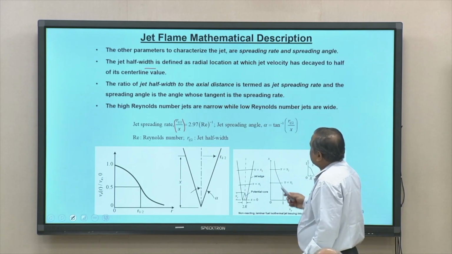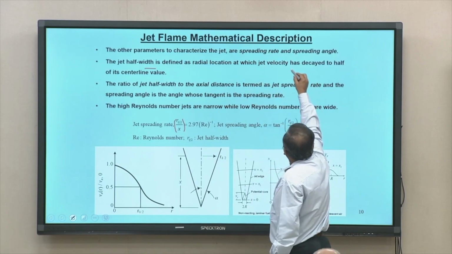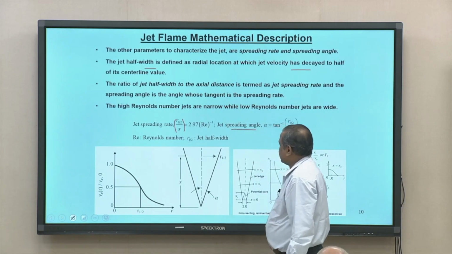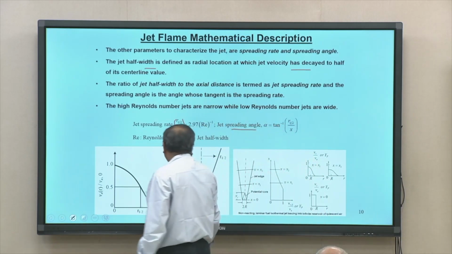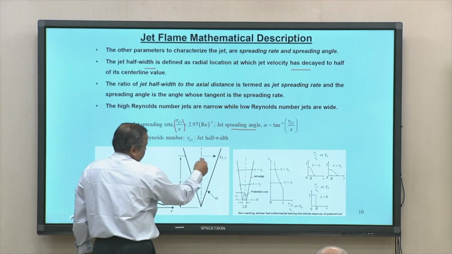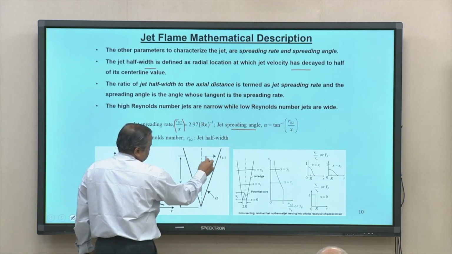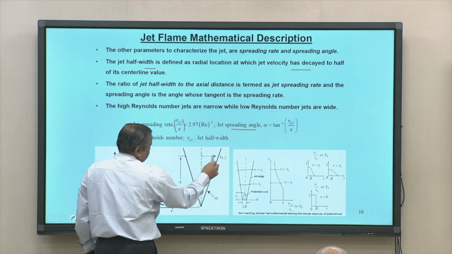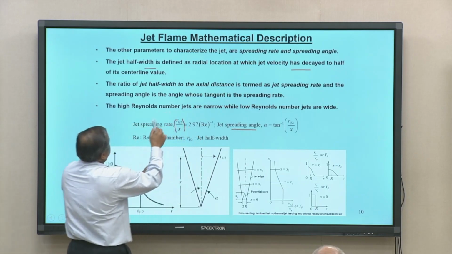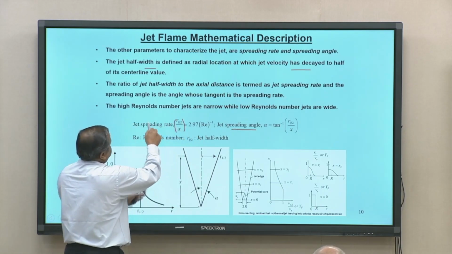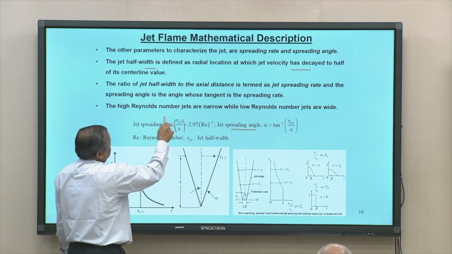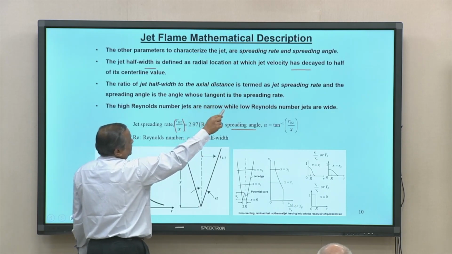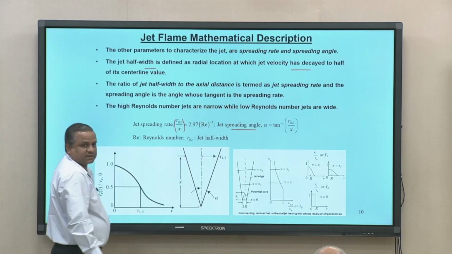So when you say this decay, correspondingly we can find a spreading angle. What we are looking at is, at any x, the ratio of the radial location at which the jet velocity has decayed to half of its velocity.